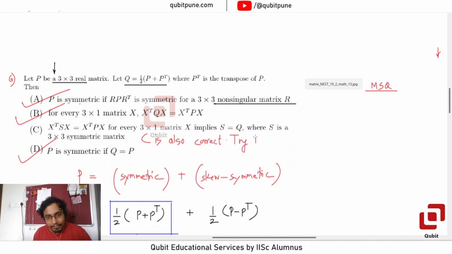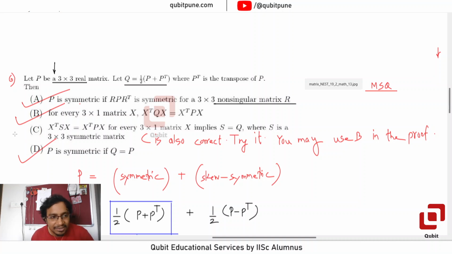Try it. You may use B in the proof. Okay, I could have done that but we're running out of time, so it's time to go to probability.